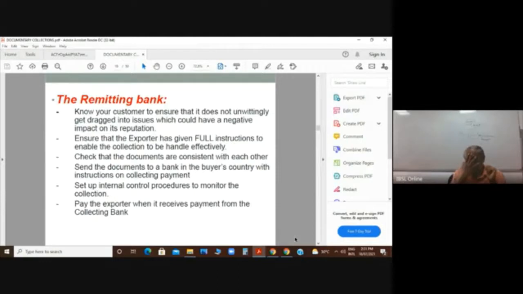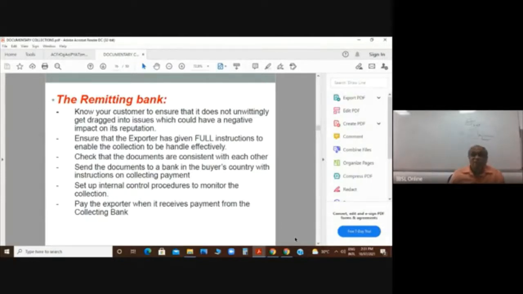For example, if your customer has a bad reputation for illegal activities, don't get involved with those customers. And if you have a suspicion on whether it's a clean operation or not, don't get involved.